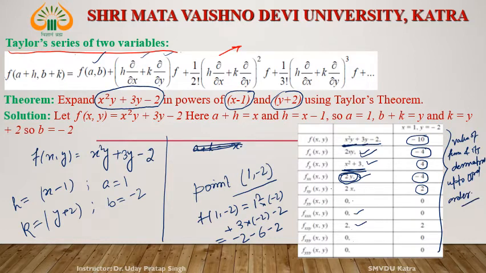And from fourth order onward, all derivatives are 0. Okay. Now use this formula. What we have to do in this formula is replace h by x minus 1 and k by y plus 2, right? And a is equal to 1 and b equal to minus 2.